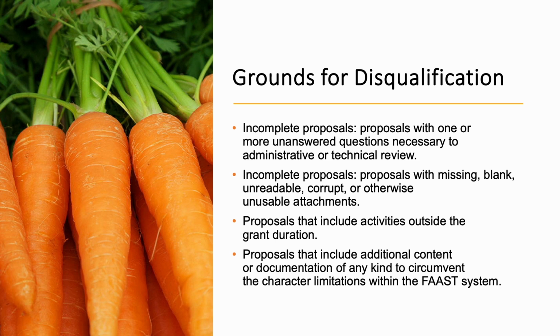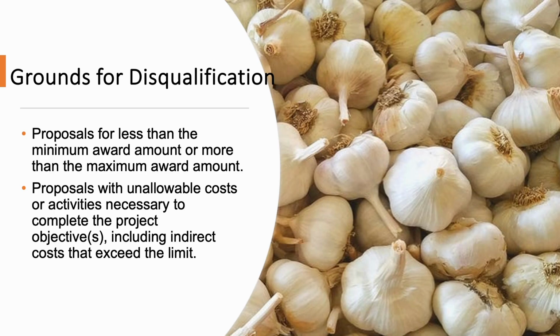Proposals that include additional content or documentation of any kind to circumvent the character limitations within the FAST system. Proposals for less than the minimum award amount or more than the maximum award amount. Proposals with unallowable costs or activities that are necessary to complete the project objectives, including indirect costs that exceed the 8% limit set forth in the grant proposal instructions.